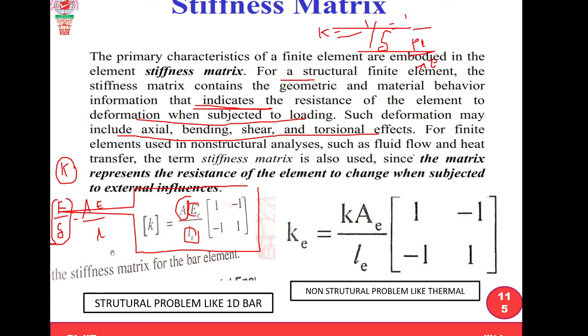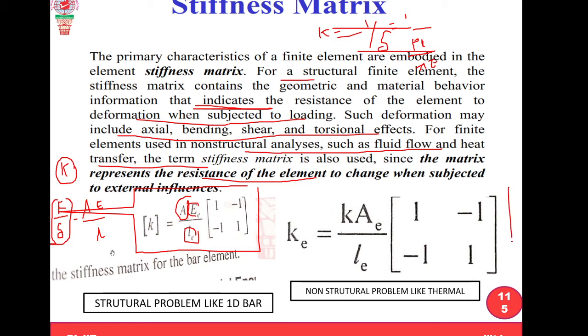In case of non-structural problems, like a fluid problem or a thermal problem, the stiffness matrix represents the resistance of the element to change when subjected to influences like temperature or heat, or a fluid pressure or velocity. That is called the stiffness matrix for a non-structural problem.